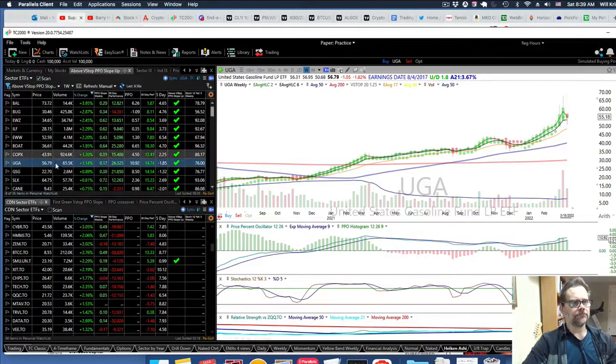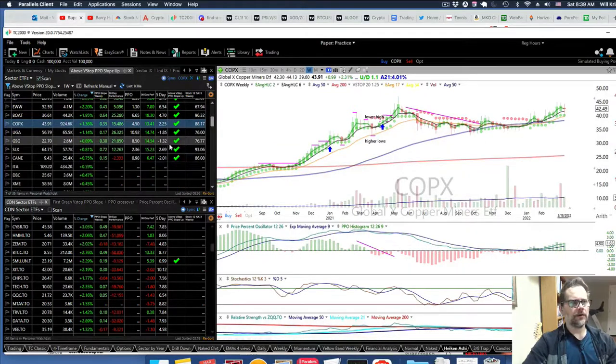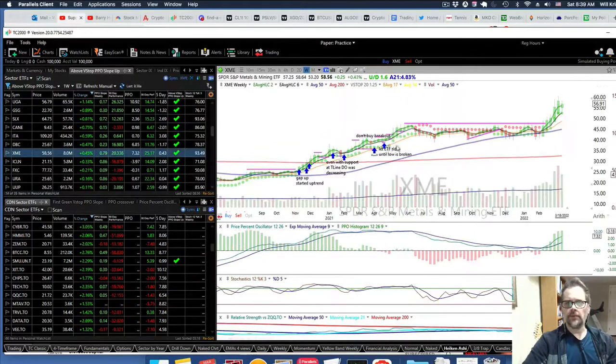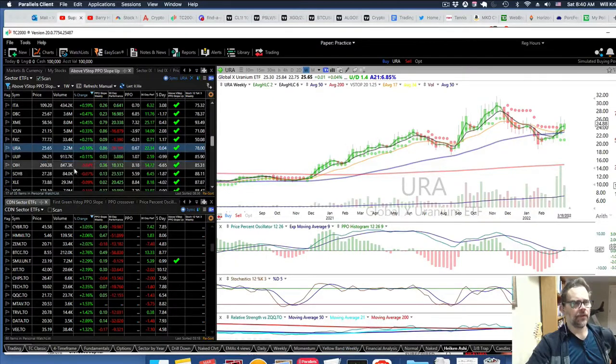But there's all sorts of things that are commodities related. COPX, which is copper. XME, base metals, is looking good. Like I said, you want to get this breakout here, ride those uptrends. Most of this is metals and mining and stuff like that. Uranium is a good entry in terms of an earlier point to potentially get in. It's right above the weekly 50 week.